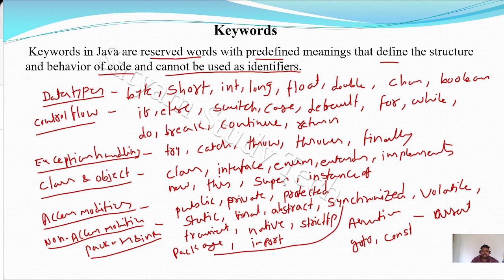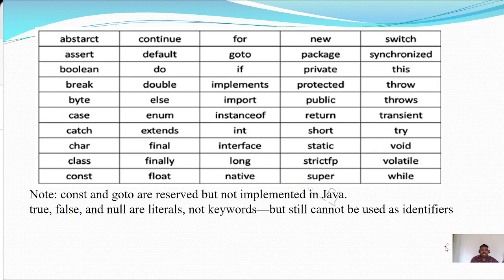So these are the general keywords existing in JDK 21, released in September 2023. In it we have 53 reserved words. Now we can see the keywords here; each column has 10 keywords.